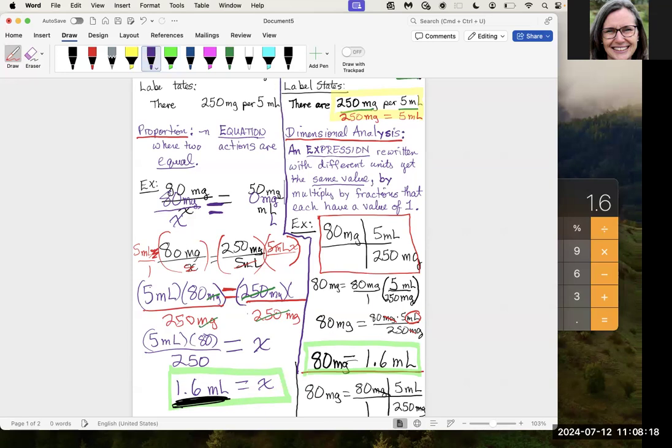With proportions, you are given a ratio, two fractions that are equal to each other. Two ratios that are equal is called a proportion. When you're working with dimensional analysis, you are multiplying. You are just taking what's given and changing the units.